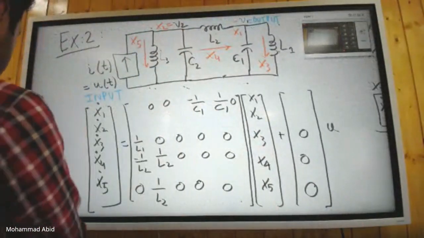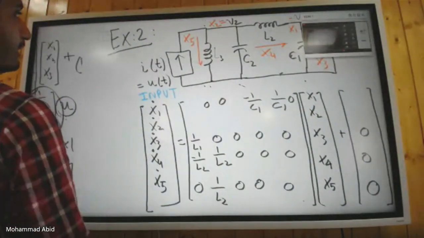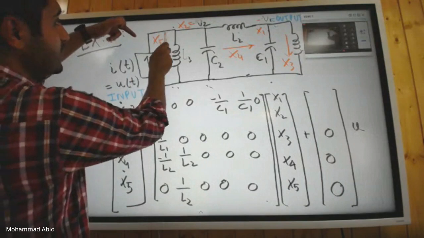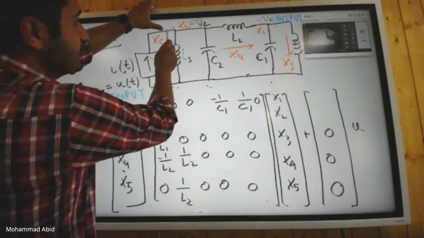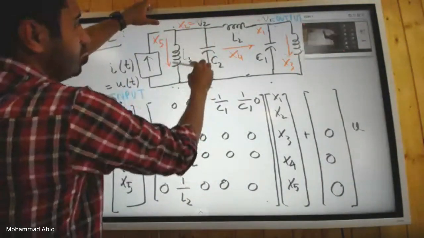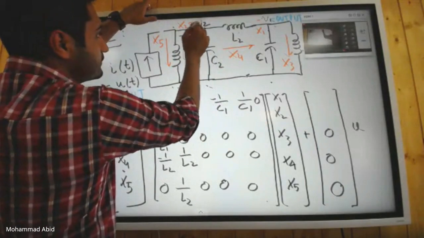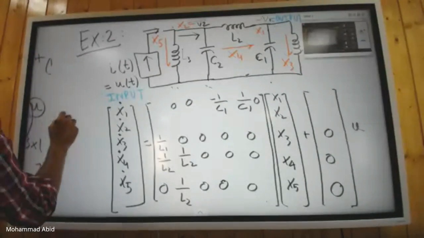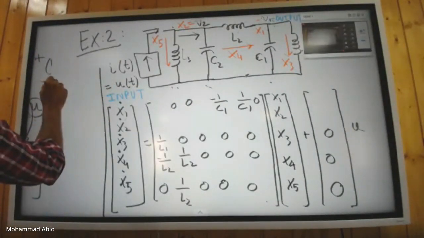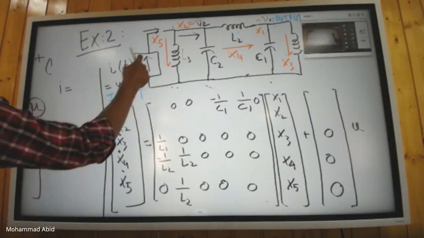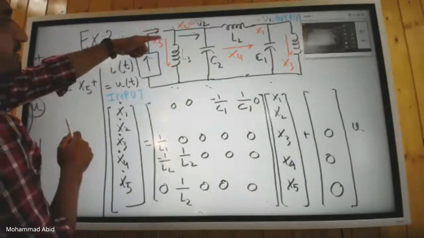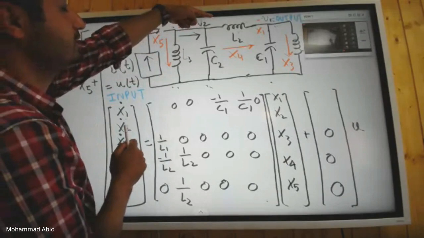Let me just write it here. Similarly, this current is the input current that's being injected in the circuit. That's the sum of this current x5 and the current that's going like this. I'm just saying this input current is the sum of these two currents. So if I write, I equals x5, this current, and the current going in this direction.